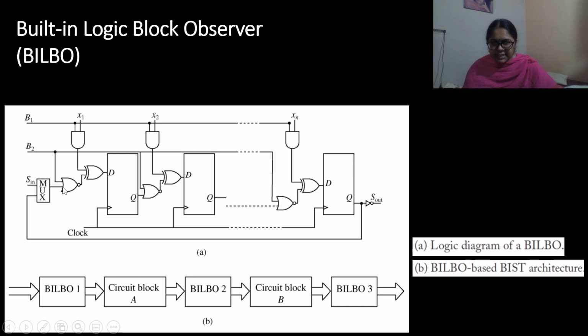So SIN, that is serial input, NOR with B2 equal to 0, we will get SIN bar here. That will be clocked into the D flip-flop. Next, whatever the state of this particular D flip-flop will be clocked into the next D flip-flop. Like this, the serial shifting operation takes place. Now when B1 is equal to 1 and B2 equal to 0, this will work as the MISR.